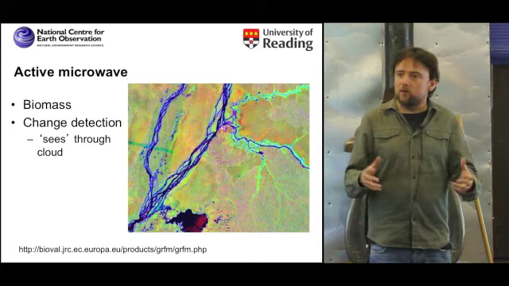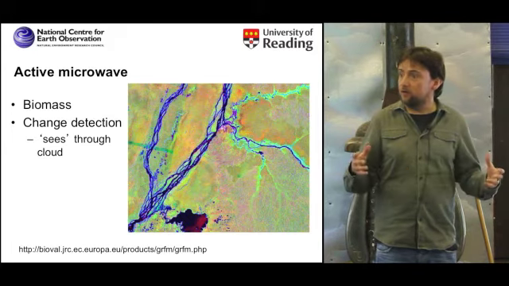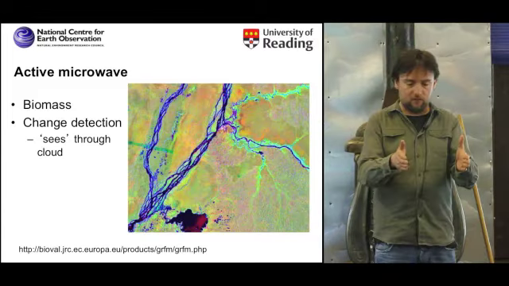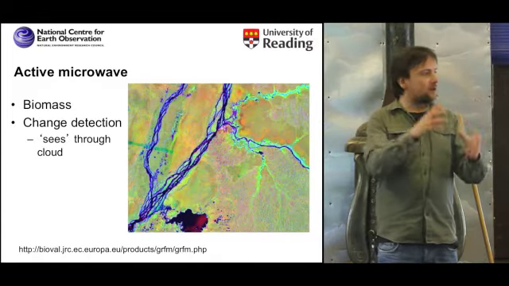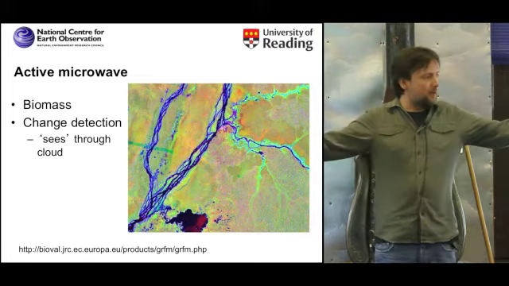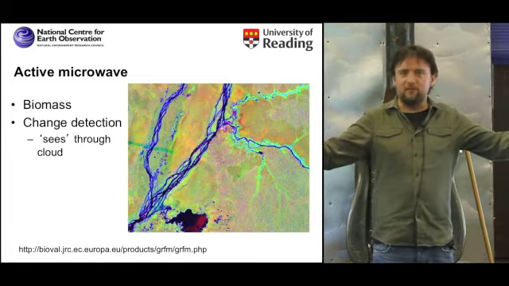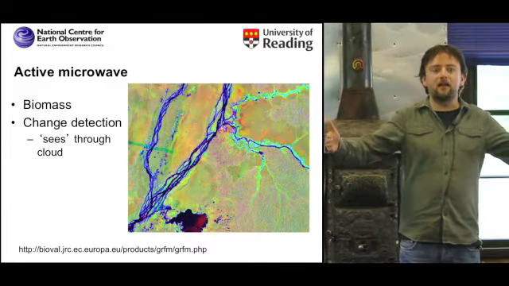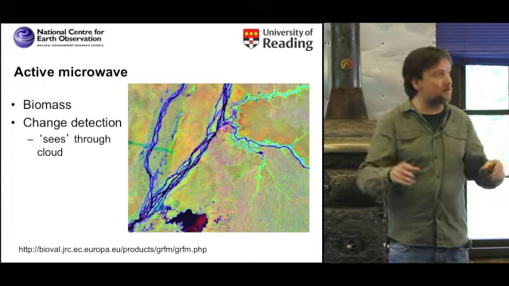One of the big proposals on the table at the moment is to launch a P-band radar. Now, so C-band, which is what we have most of, is about that length, bounces around inside the leaves, probably tells you something about the leaf area index of the canopy. P-band's like that, I guess. I'm being very deliberately inaccurate here because I can't remember. P-band's like that, and it goes through the leaves, ignores them, and bounces around the trunks.